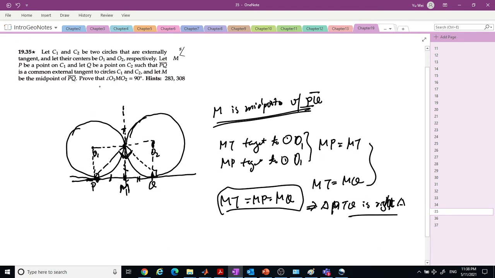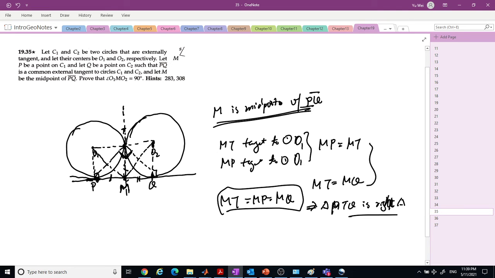Okay, if PTQ is a right triangle, what we also want to prove is that angle O1 M O2 is also a right angle, okay?